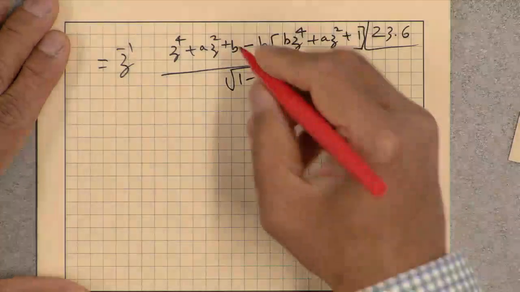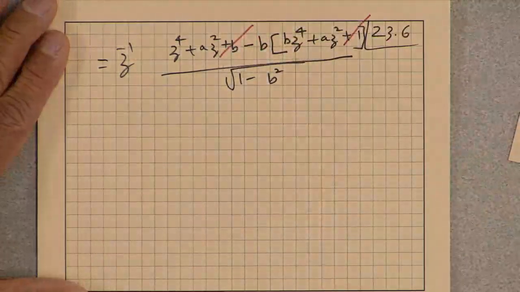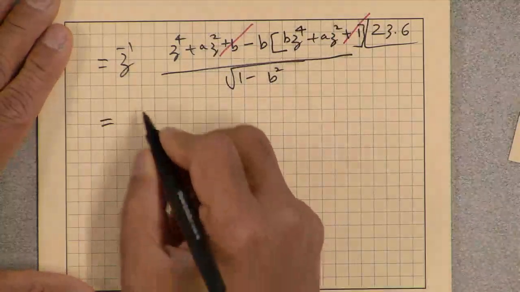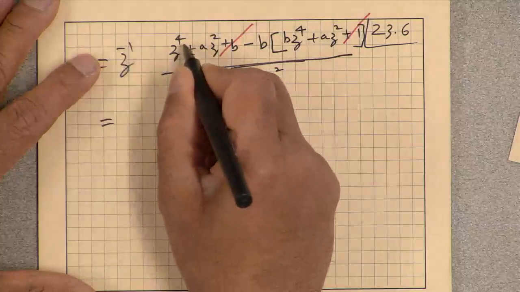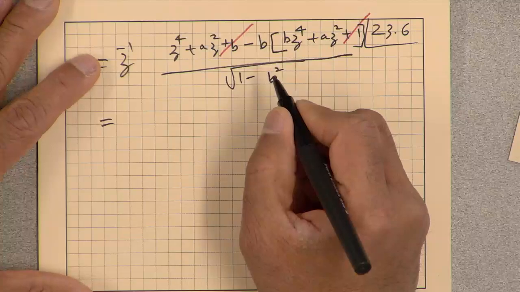Then the plus b and minus b cancel out, and that's how we reduce the degree, and then this becomes z to power minus 1 times z to power 4, which becomes z cube.